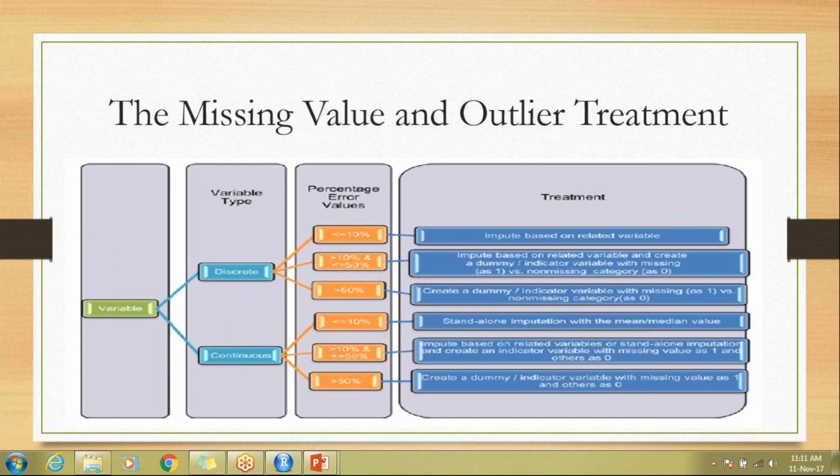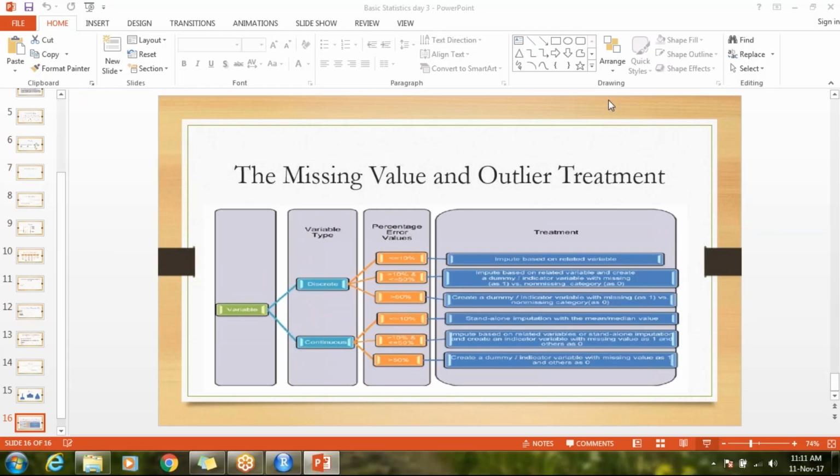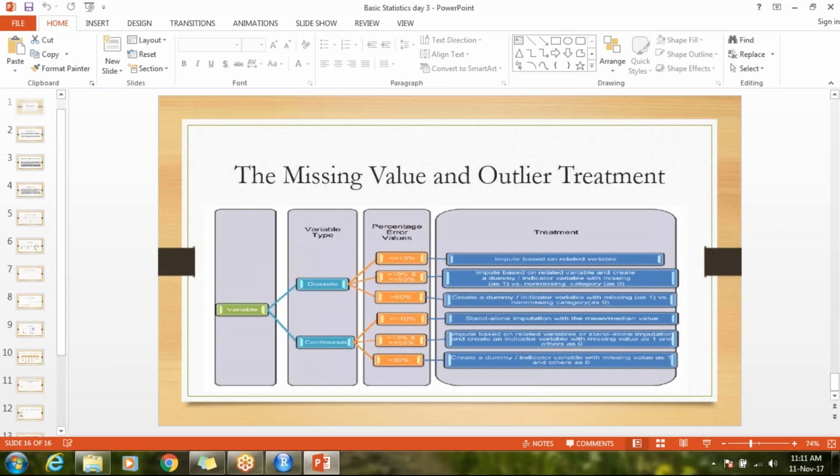I can impute accordingly and create a dummy variable, or I can replace it according to the situation. So those things have to be decided with the data set that I'm working with. I've made a few examples to explain to you, but it is completely a judgment.